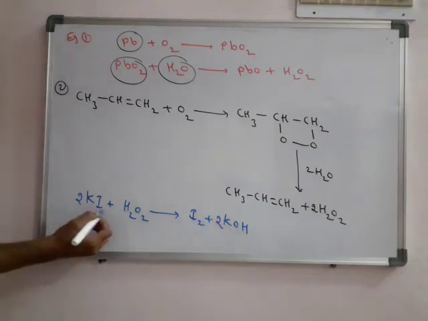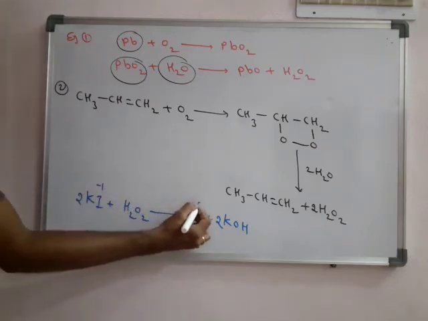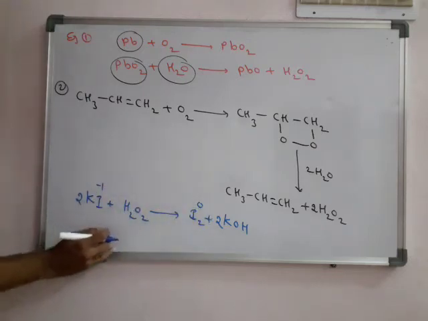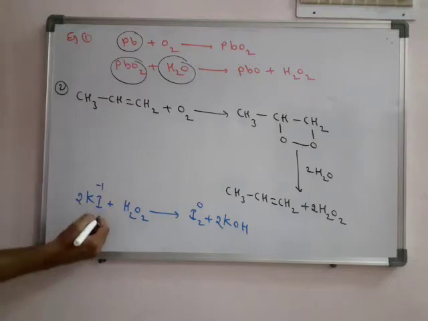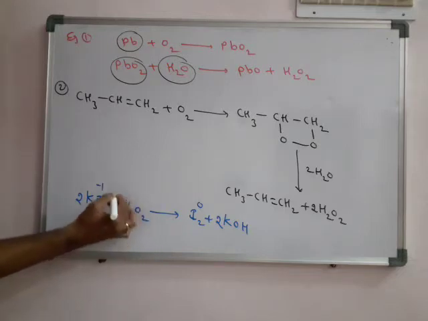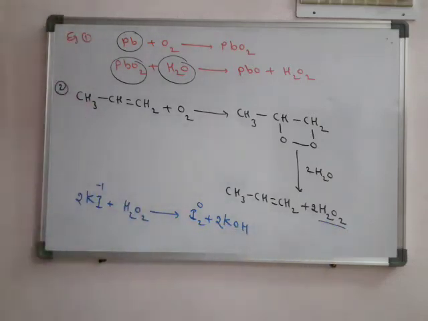Here iodide is oxidized to iodine: I minus 1, I2 zero. Iodide, potassium iodide, I minus means iodide is oxidized to I2 means iodine. So here what is the oxidizing agent? Hydrogen peroxide, meaning this hydrogen peroxide also works as a good oxidizing agent. Okay, see the one other example.